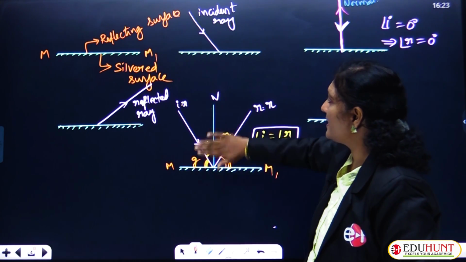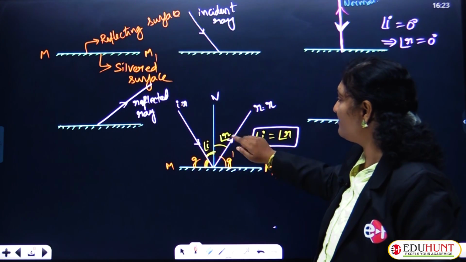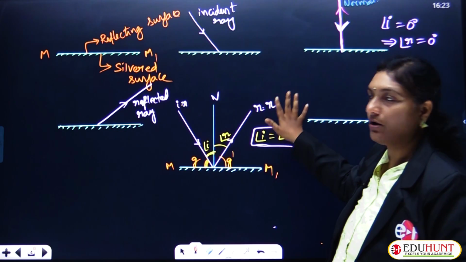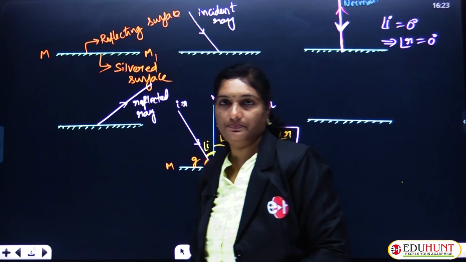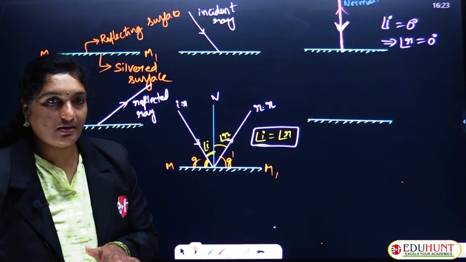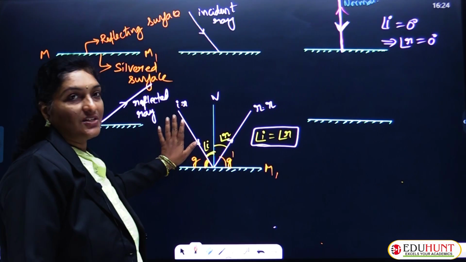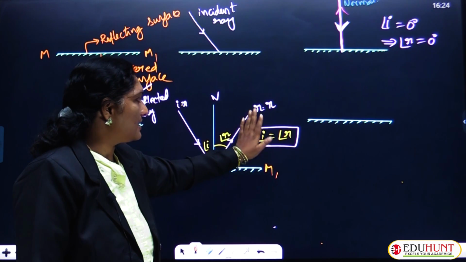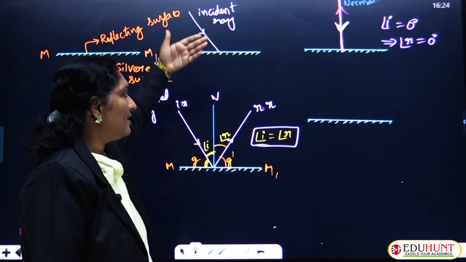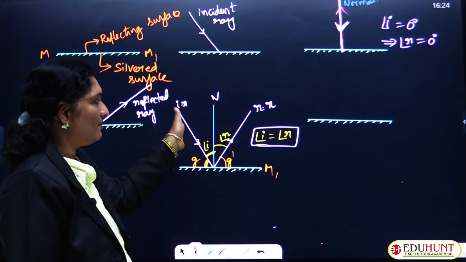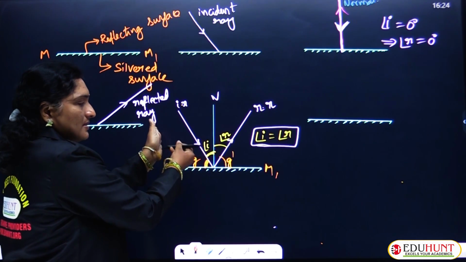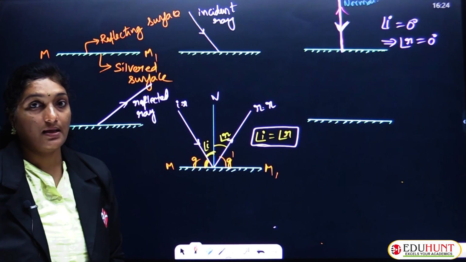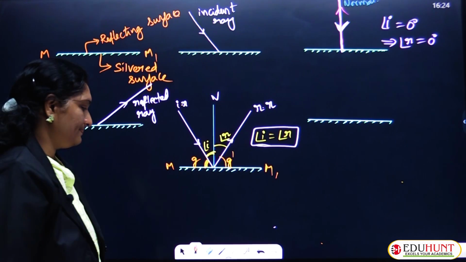The normal also lies in the same plane, whereas the reflected light ray also belongs to the same plane, the plane of this board. Okay. So, what we suppose is that the incident ray, the normal drawn to the surface, and the reflected ray all lie in the same plane. They are not in this surface or the other surface, all lie in the same plane. This is all about your second law.